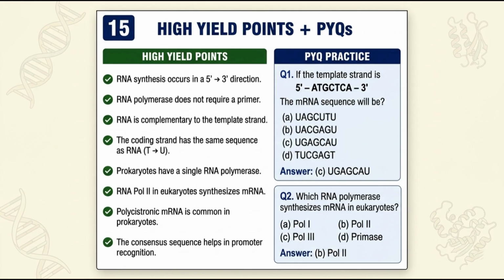The coding strand has the same sequence as RNA except T is replaced by U. Prokaryotes possess a single RNA polymerase. RNA polymerase II synthesizes mRNA in eukaryotes. Polycistronic mRNA is common in prokaryotes. These concepts are the foundation for advanced transcription mechanisms.